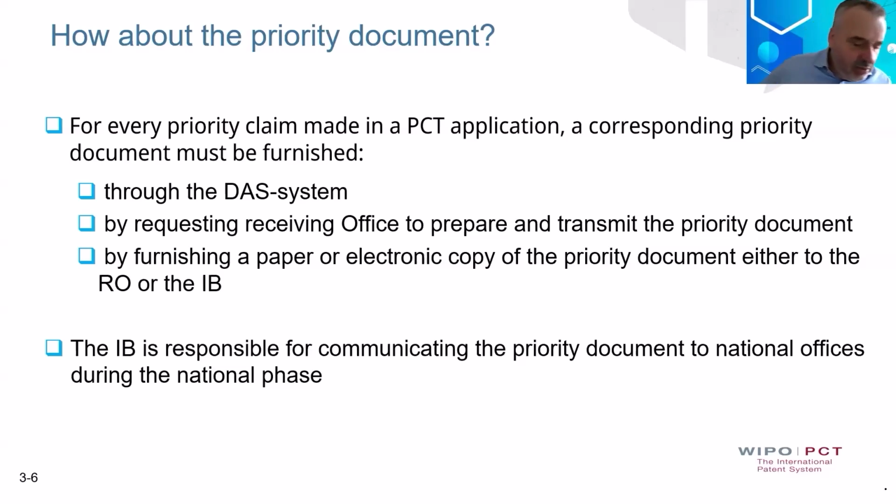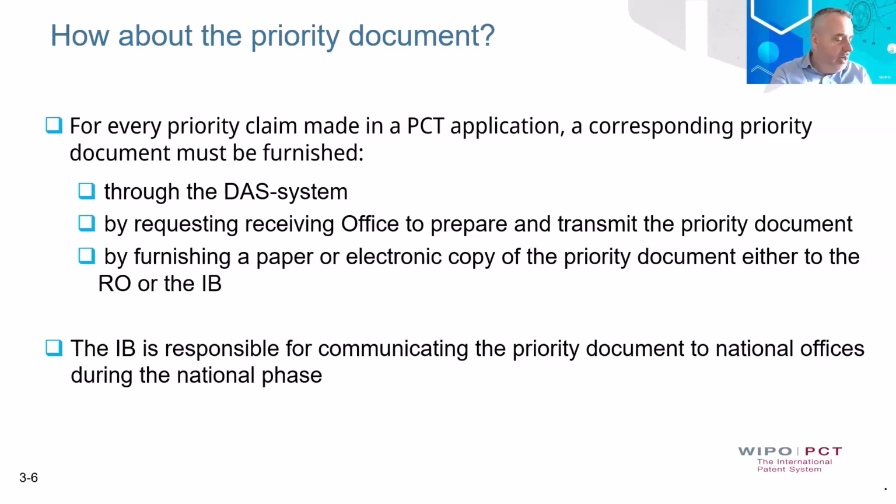And the easiest way to get the priority document into the system is through the DAS system, the Digital Access System. It's basically a system where we link between offices and we can pull documents from other offices which they make available in databases that we have access to. What exactly the steps are that you need to do in order to get your first application into the DAS system depends a little bit on the office with which you filed that earlier application.